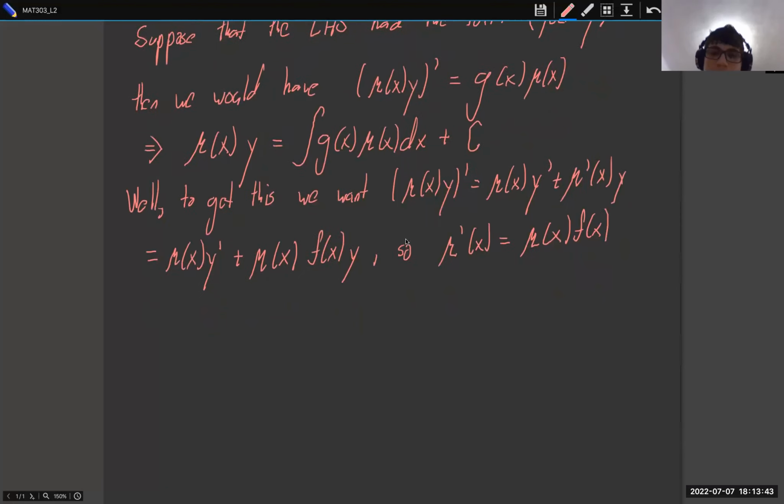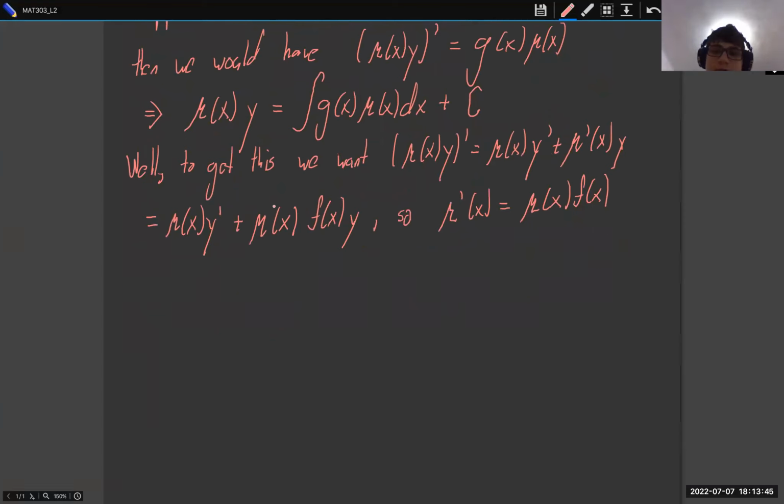Oh, it's homogeneous. Exactly. So it's a homogeneous first order linear differential equation, and we know how to solve those. So isn't that great? So that implies that, with mu as the unknown now, mu prime minus f of x mu equals 0.